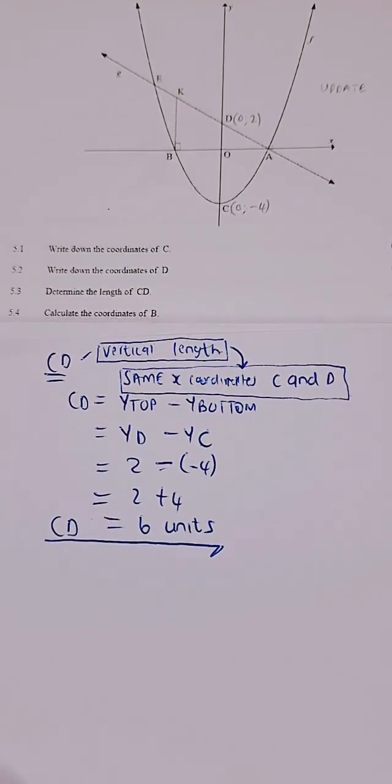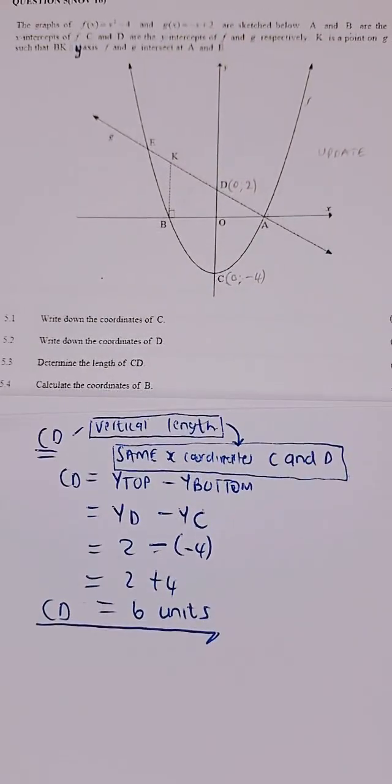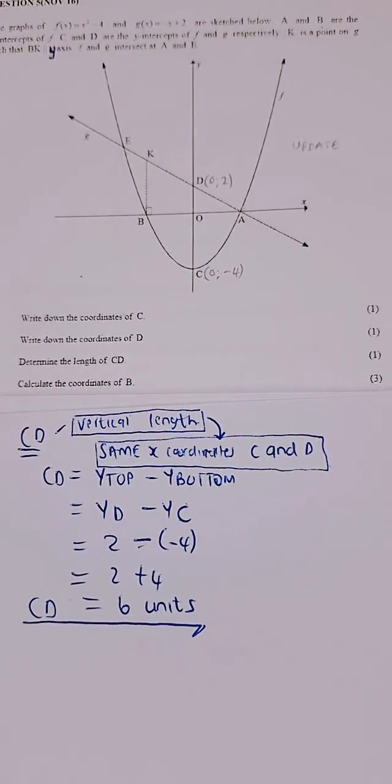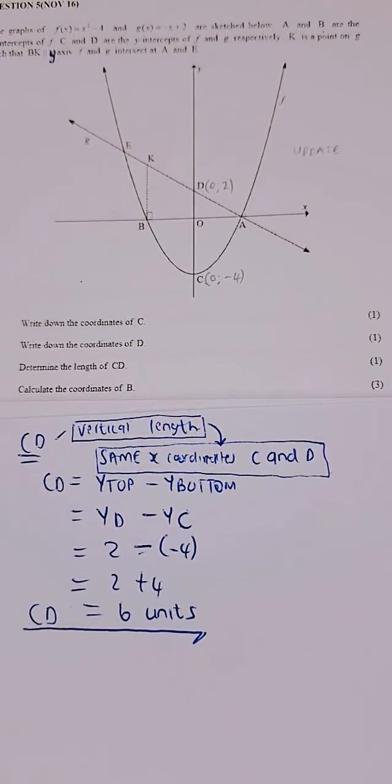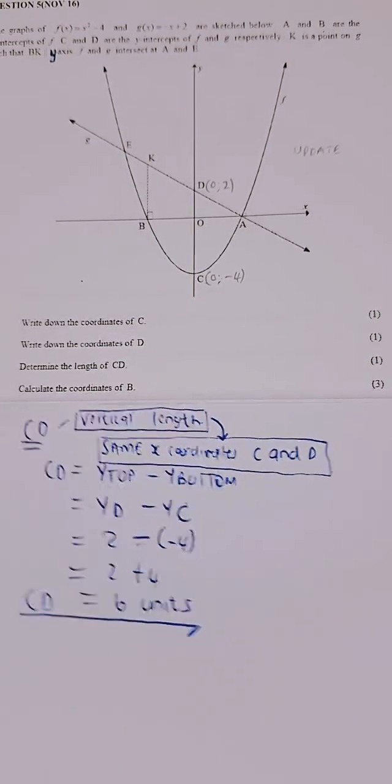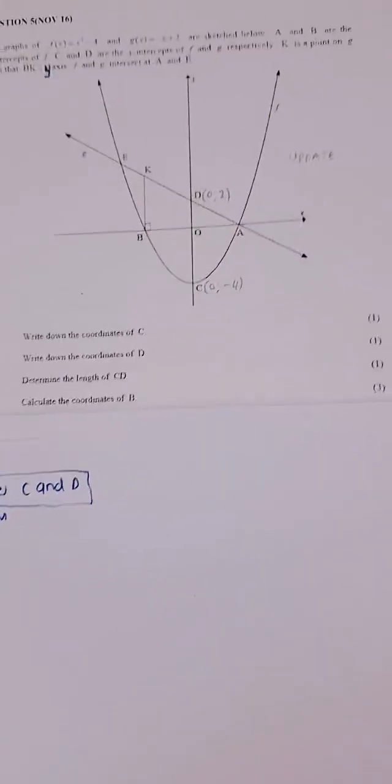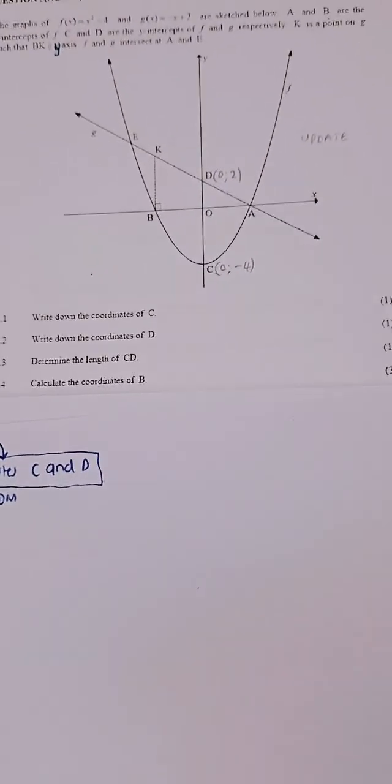5.4. Calculate the coordinates of B for 3 marks. Once again, whenever we are answering questions like this, we are going to ask the famous question: we want the coordinates of B, so what's the first question we ask?